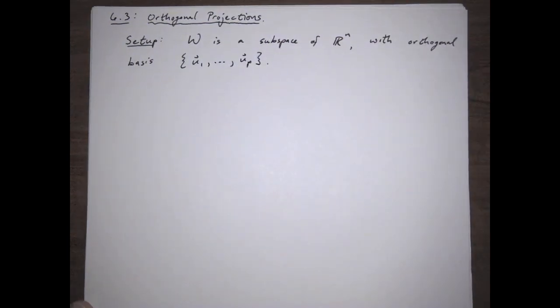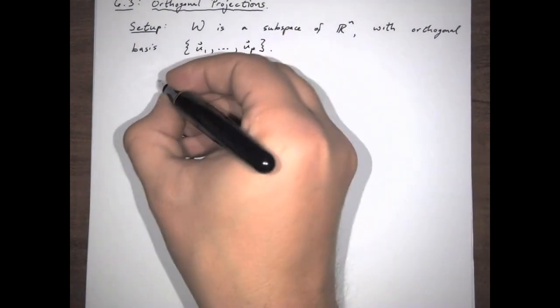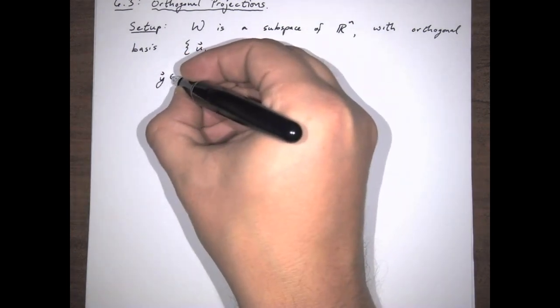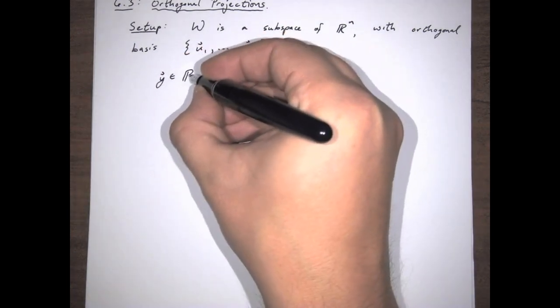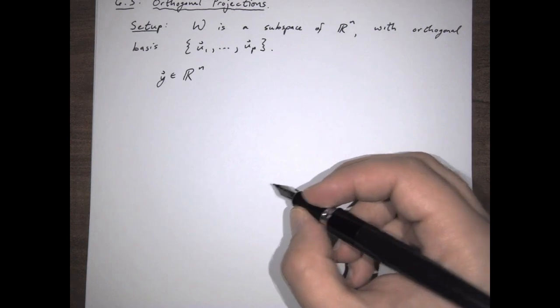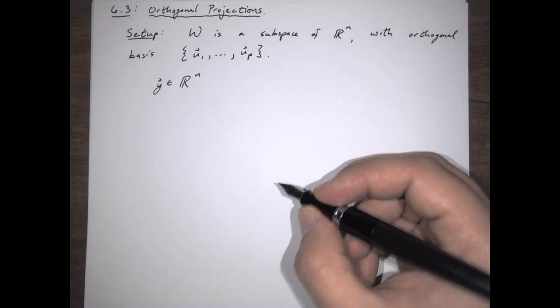All right. Now, y is just going to be some vector in Rn. And in particular, it is not necessarily an element of W. That's the important thing here.